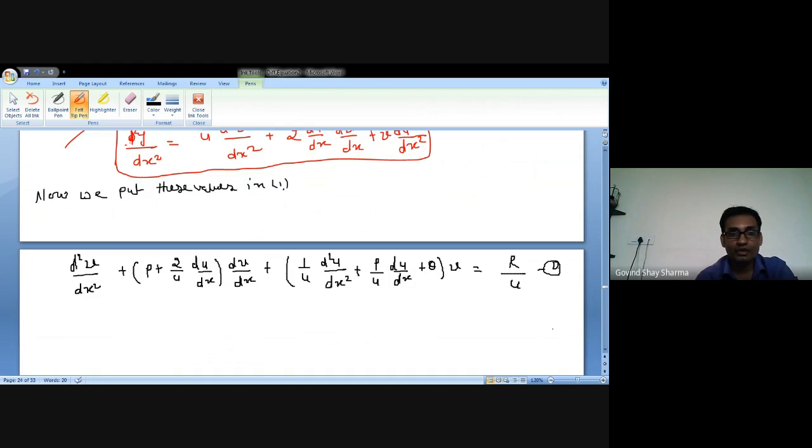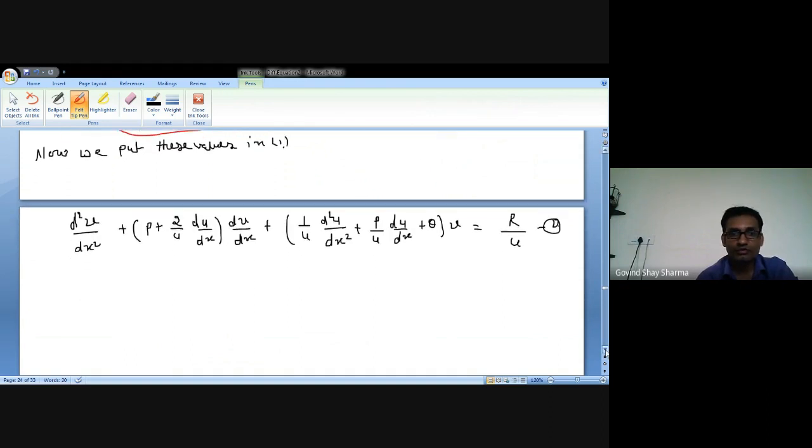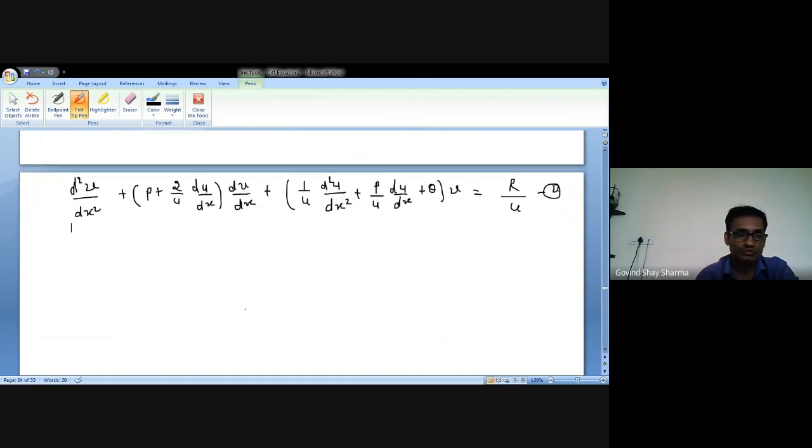Now, in order to remove the first derivative, here we remove the term dv upon dx.